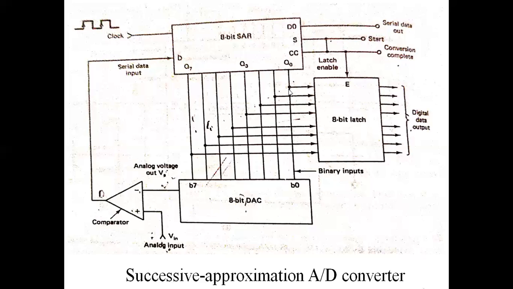The conversion complete signal, in turn, enables the latch, and digital data appears at the latch. Digital data are also available serially as the SAR determines each bit.